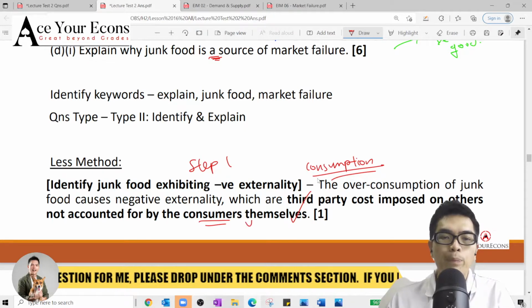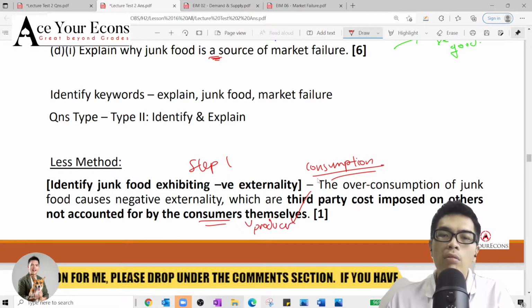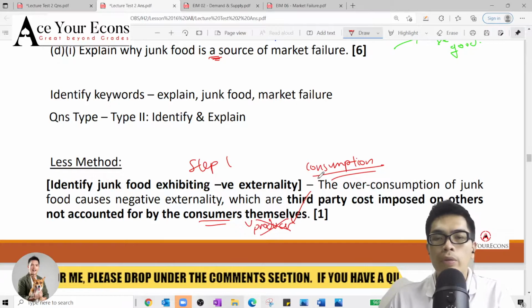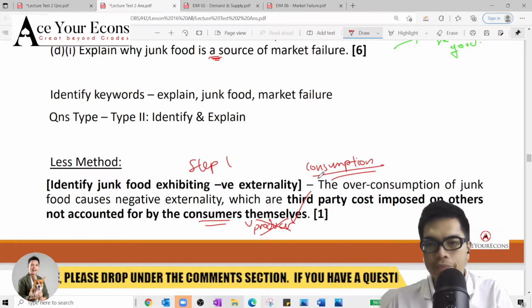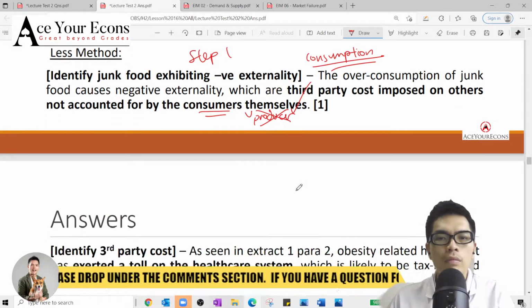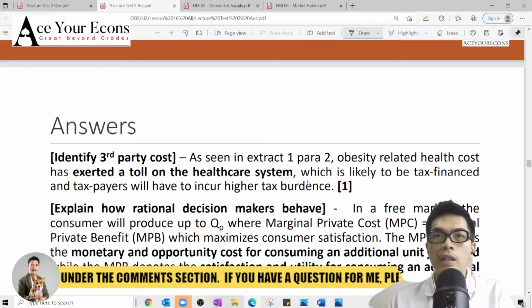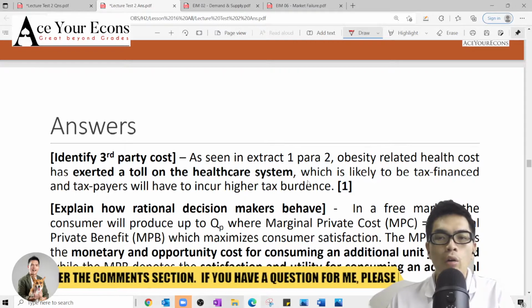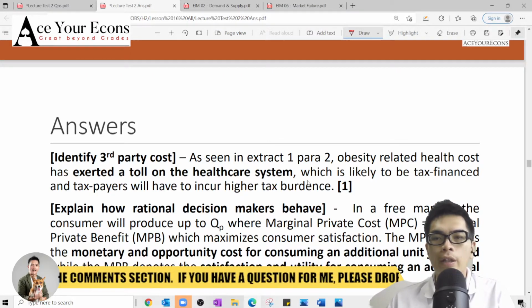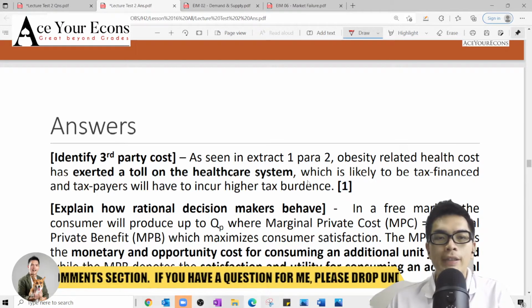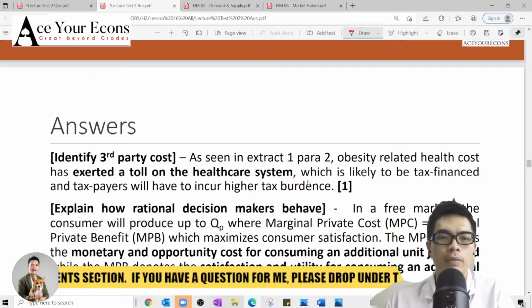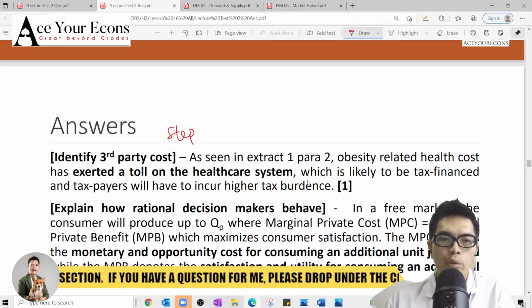If you bring in producer, I will mark you down. There is no case for producer here. As seen in extract 1 paragraph 2, obesity is related to healthcare costs, which exerts a toll on the healthcare system.